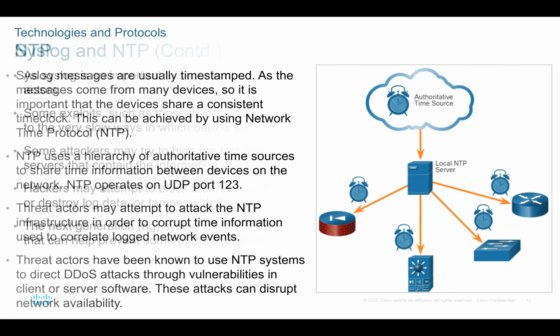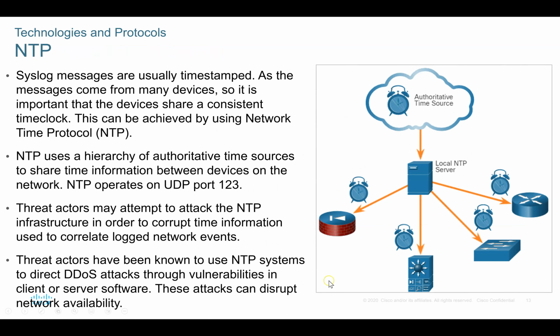And also, all Syslog events are timestamped. So this way you'll know which is the latest information that's being sent to the Syslog server. So when you are evaluating it, to make sure that all the devices are in sync in terms of time, there is a local network timing server that everybody needs to connect to, and they'll sync their clocks with it.